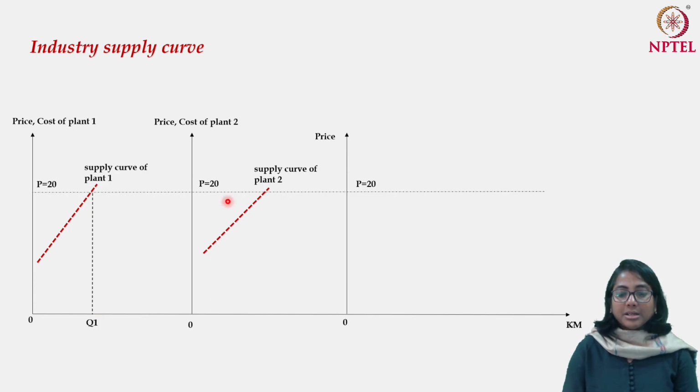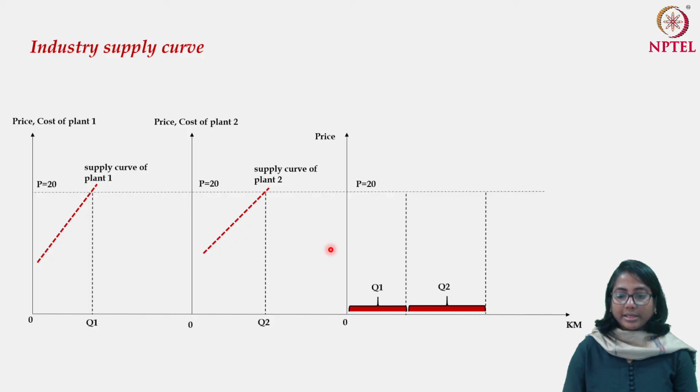For the second plant, when P is equal to 20, given the profit maximization behavior, this plant is going to supply this much, Q2. So when P equals 20, the total supply in the market is equal to Q1 plus Q2.